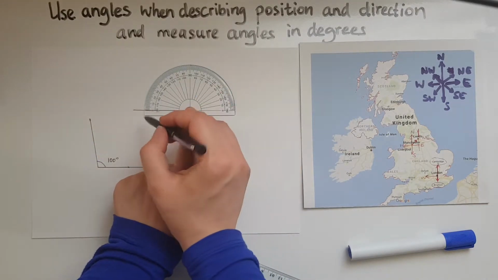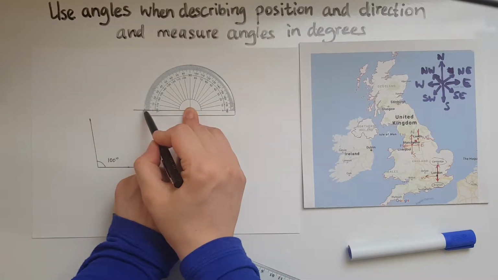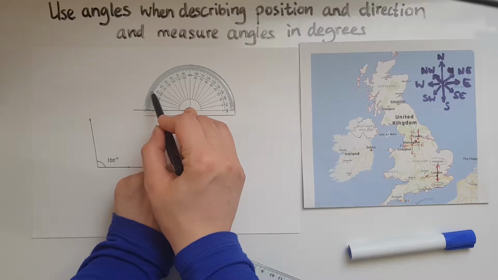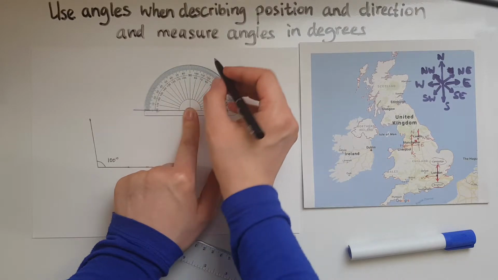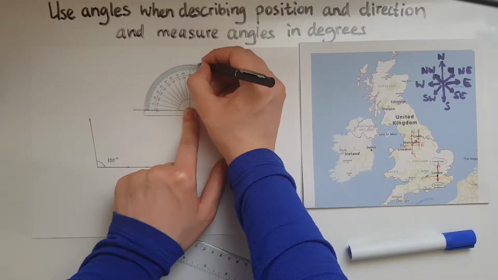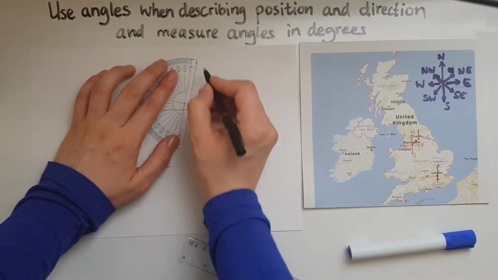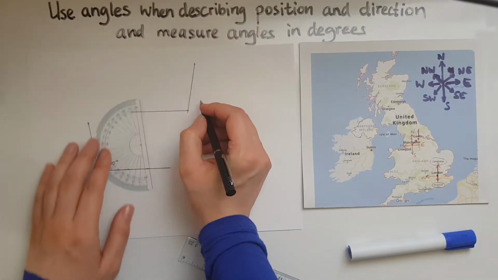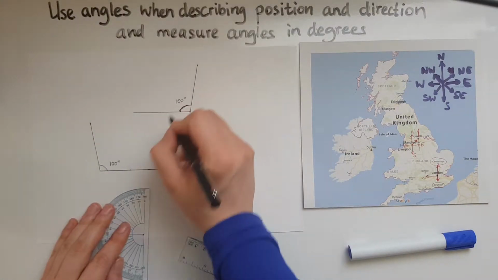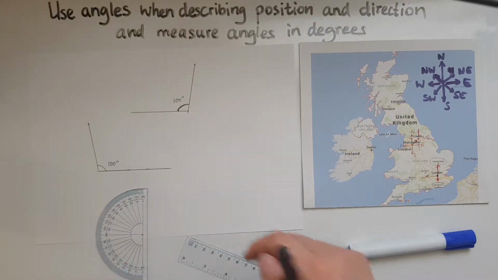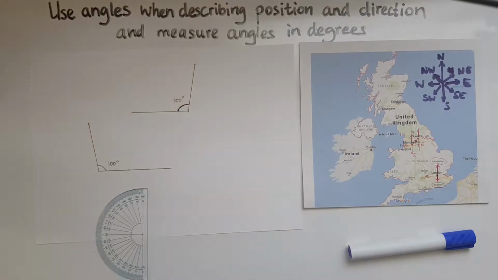Now I've got to start counting from 0: 0, 10, 20, 30, 40, 50, 60, 70, up to 100 because that's the angle I want. Now it is this angle, this side, 100 degrees as well. So both of them are 100 degrees. This is on this side and that is on the other side.